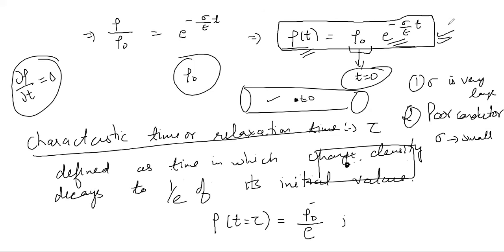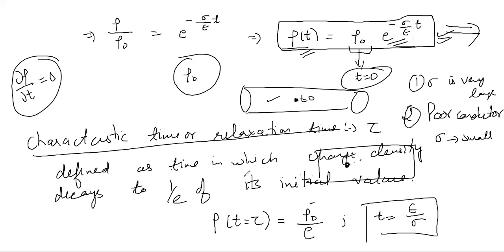Looking at this expression, you can clearly tell that when your t is equal to epsilon over sigma, sigma upon epsilon will cancel it and you are left with e raised to power -1. So t equal to epsilon over sigma is the time which is called characteristic time or relaxation time.